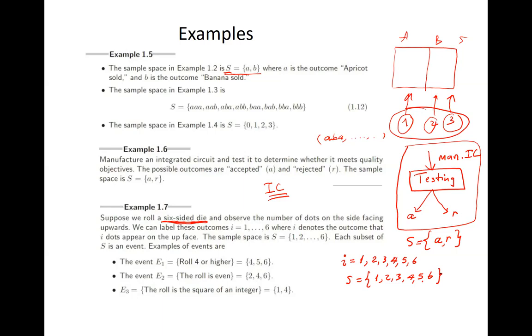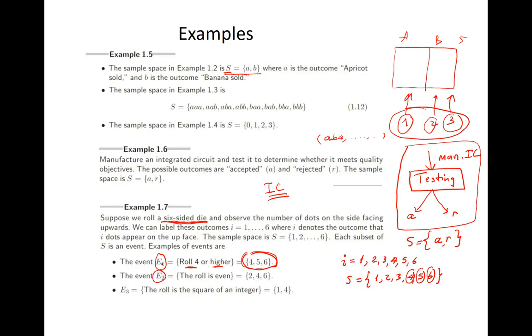Now we can define an event. Let's say event E1, roll 4 or higher. 4 or higher means this one, and this one. So this event will be the set where we have 3 numbers, 4, 5, and 6.